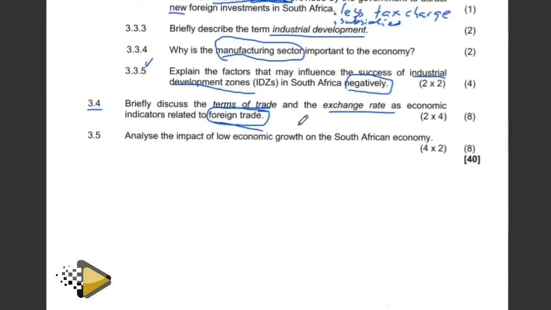It means that for the inhabitants of a particular country to buy from another country or another economy, it is not a struggle for them to exchange or convert the currencies.